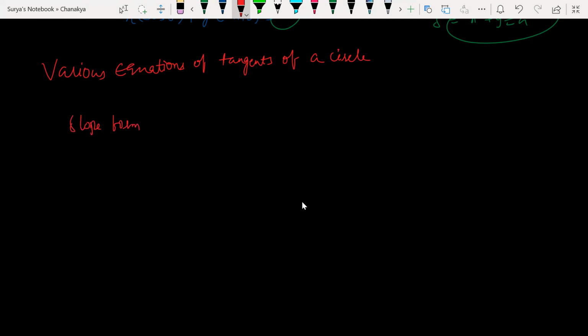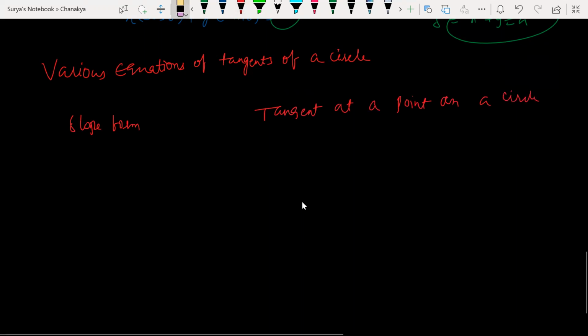Tell me guys, what is slope form and what is tangent at a point on a circle. Look at this now.